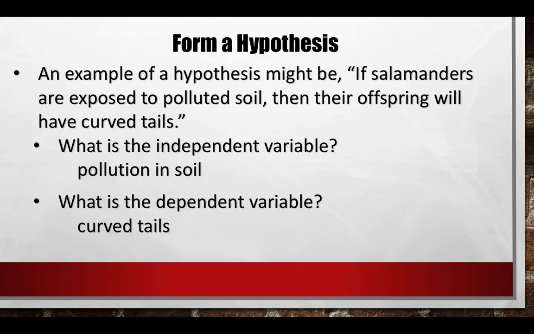So that's what that phrase means. So you want to look for the one that depends on the other one. So the one that depends on the other one is the dependent variable, and the one that the scientist changes, in this case, adding pollution to the soil, or maybe even the amount of pollution in the soil, would be the independent variable.